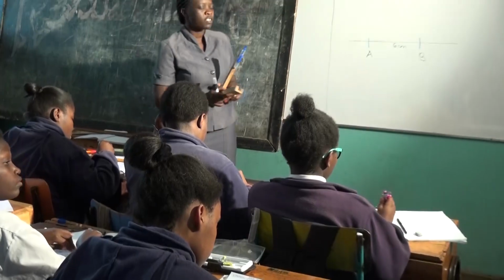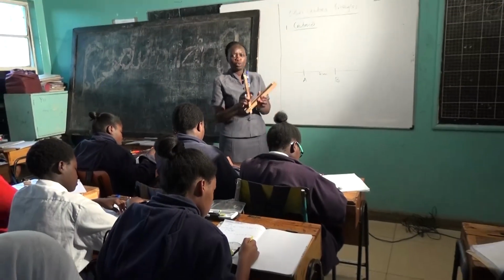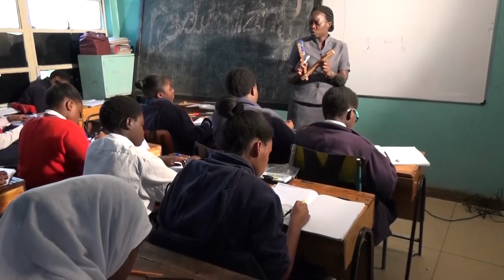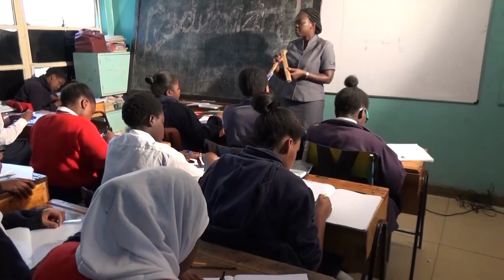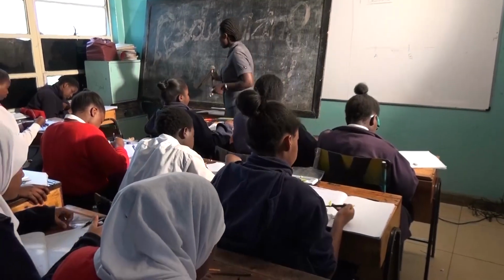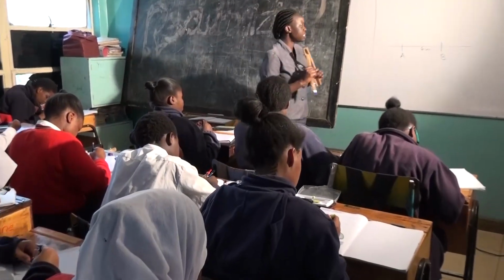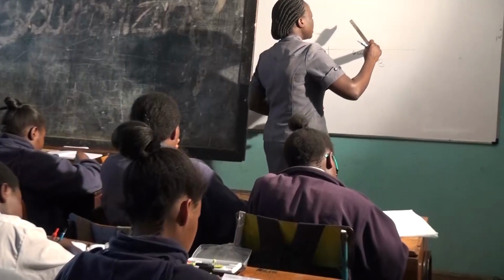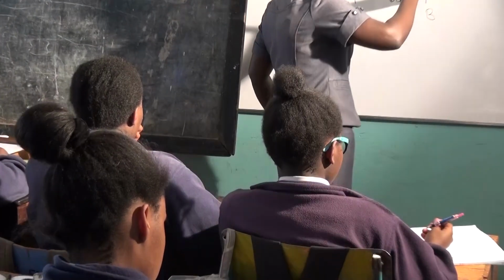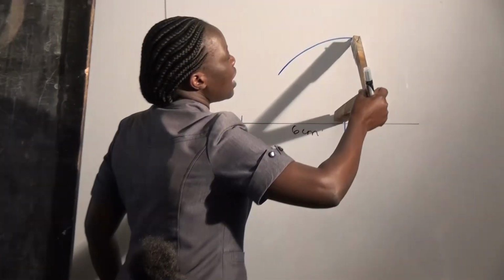The other is 5 centimeters. So what do we do again? Use your pair of compass and take the measurement from where? From the ruler. How many? 5 centimeters. Come here, stand at B and make an arc.